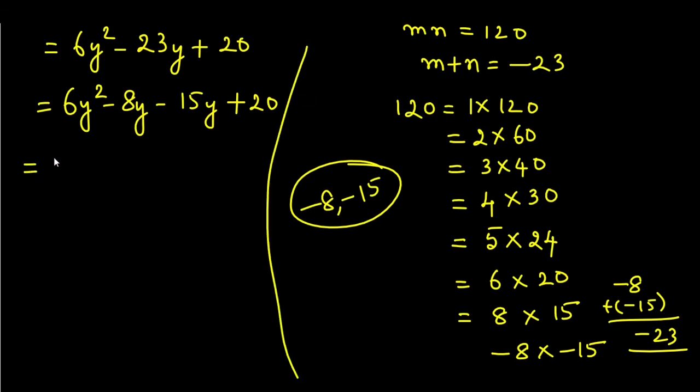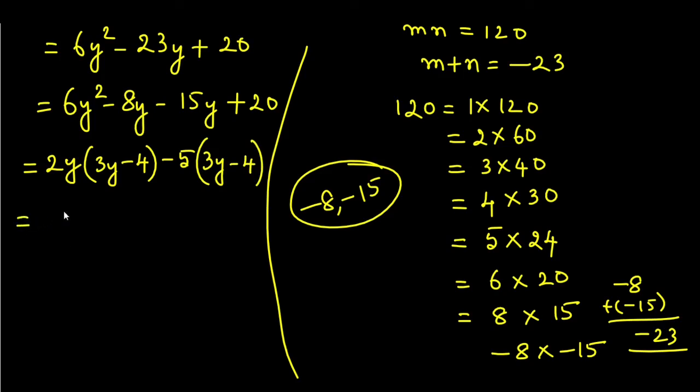This is equal to, we can take 2y as a common factor, 2y into 3y minus 4. Now we can take minus 5. We have to get 3y here. So we will take minus 5 as a common factor. We remain with 3y minus 4.